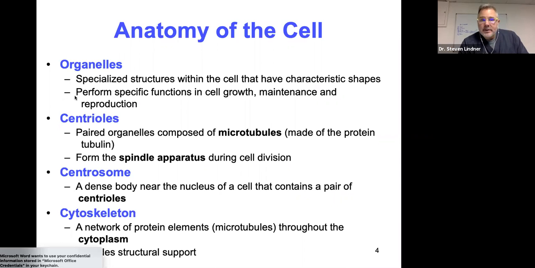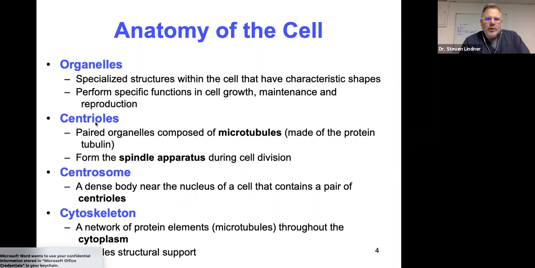Organelles are everything that we've been talking about. These are all the different structures within the cell. They have different structures, they have different functions, and they're all involved in maintaining healthy cell function, cell growth, cell maintenance, and repair and reproduction.